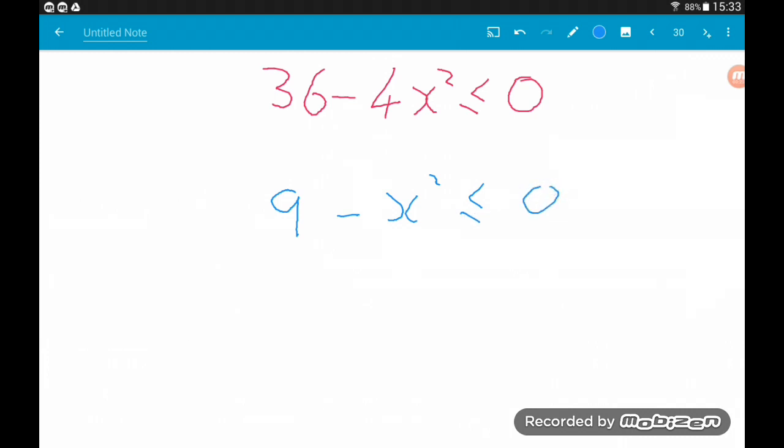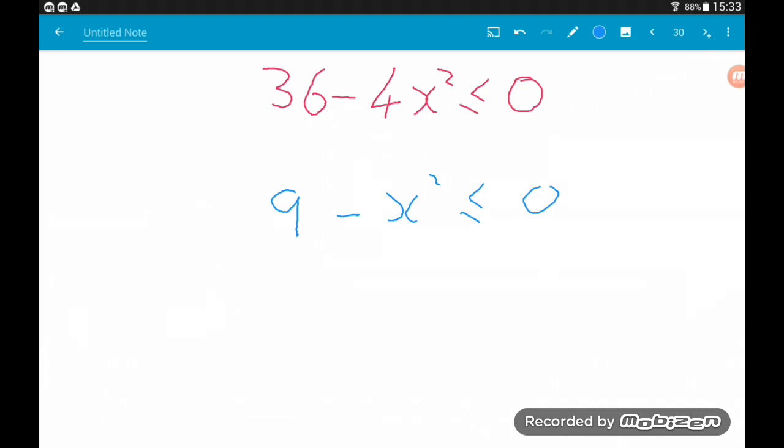Now, as I've mentioned before, I always like to have a positive x squared term. So what I could do, I could multiply both sides by minus 1, change the direction of the sign. I could add x squared, take away 9, which is really doing exactly the same thing.